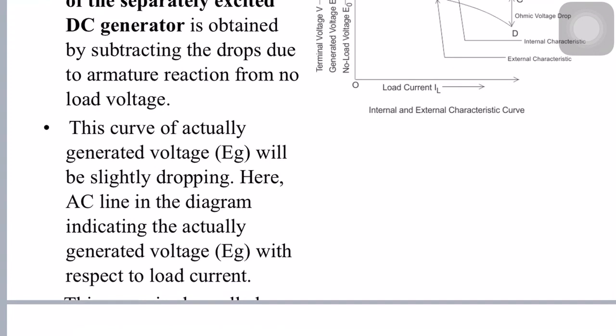This curve is also called the internal or total characteristics of separately excited DC generator. We can observe it clearly in this diagram.